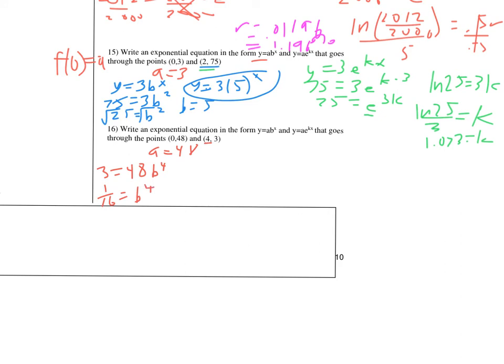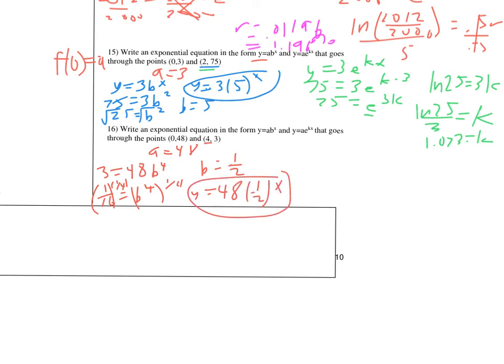So if I do the 4th root to that, or I raise it to the 1/4 power, then that comes out to b equals 1/2. And so I could say y equals 48 times 1/2 to the power of x.